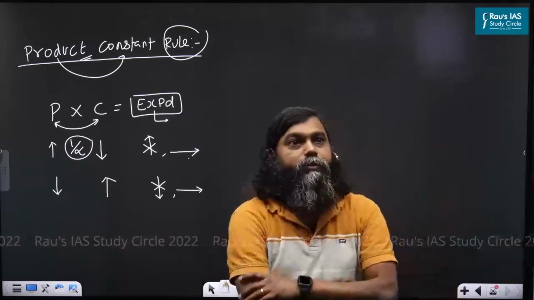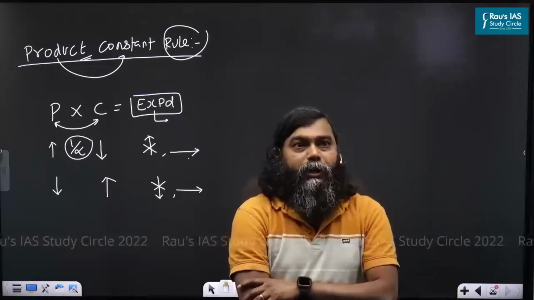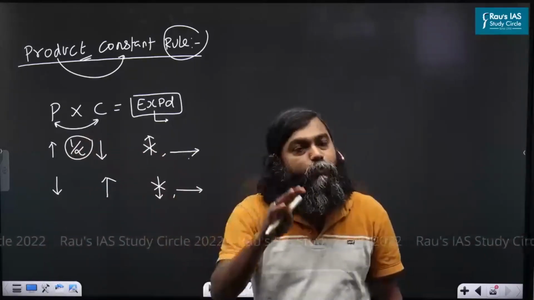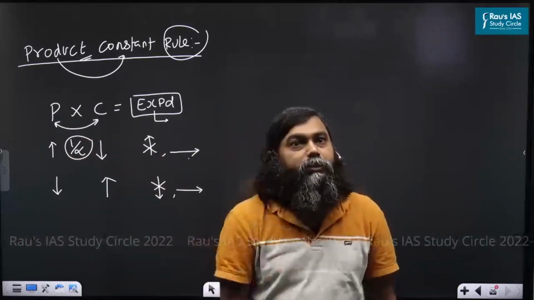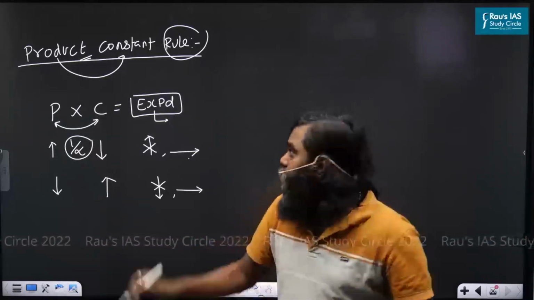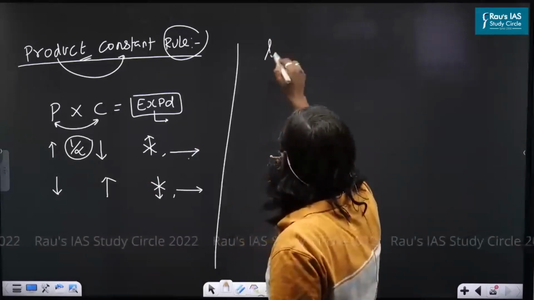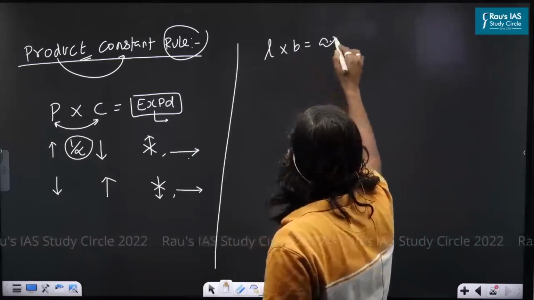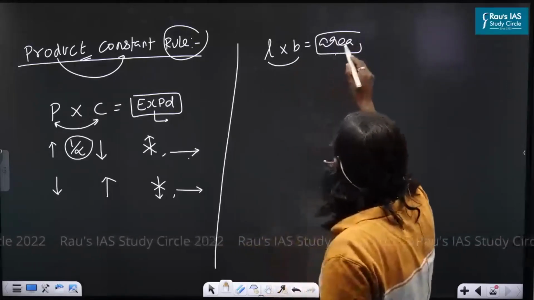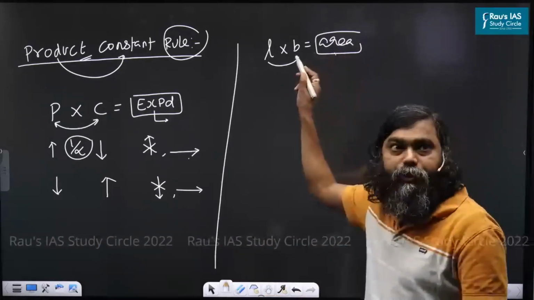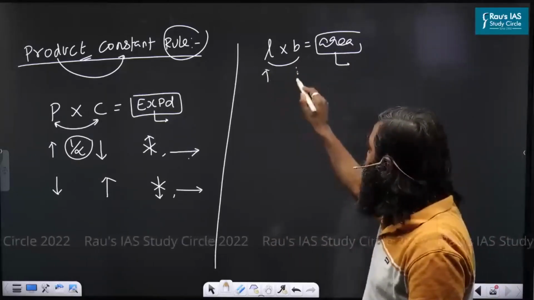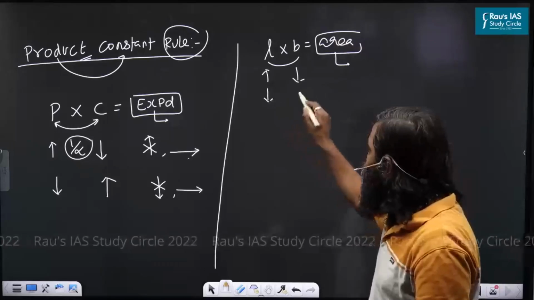Any doubt? Wherever the product is constant, these two variables are always inversely proportional to each other. For example, length into breadth equals area. I am multiplying these two, and my answer is area. Area is called the product. If the product is constant, more length means less breadth, less length means more breadth.